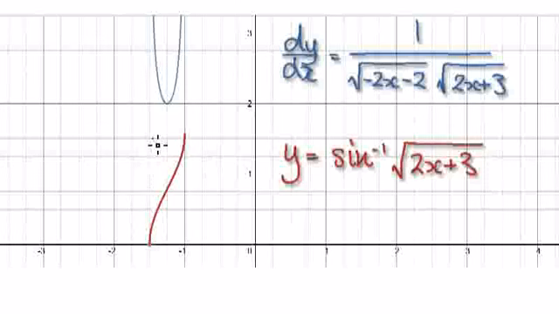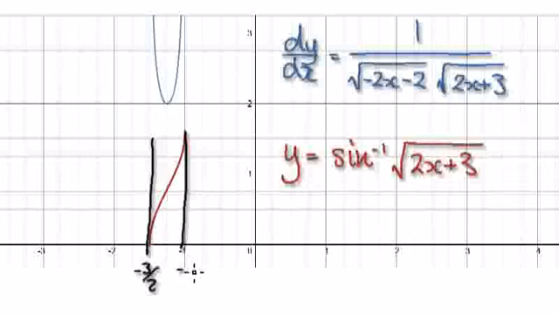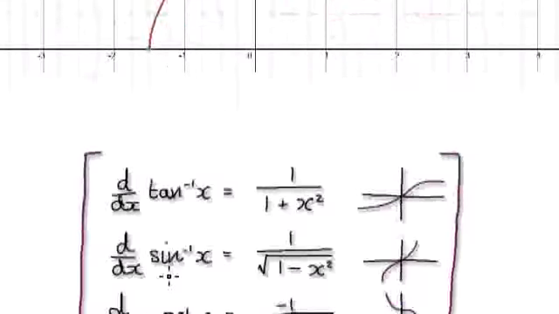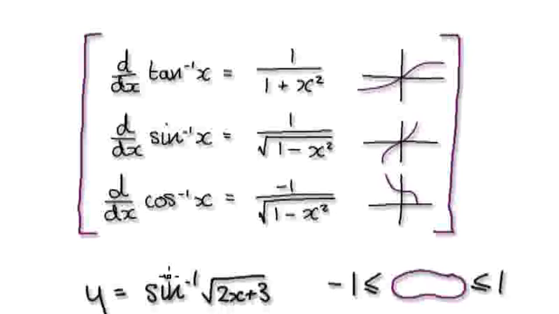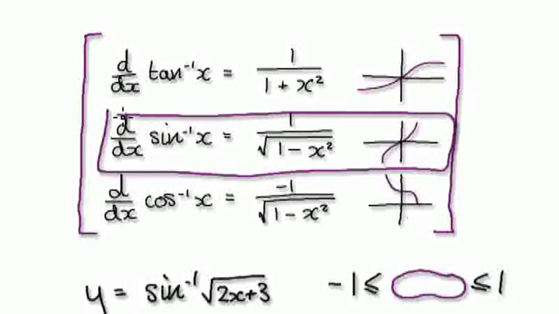Look, if you look at the blue line here, it's being restricted to minus 1.5 and minus 1. And the reason for that is because if you look at our original question here, remember we are using inverse sine, so we've got to use this one here.